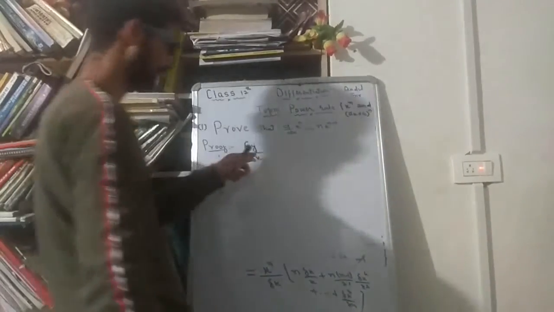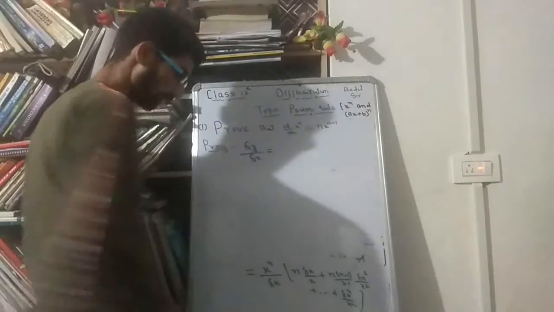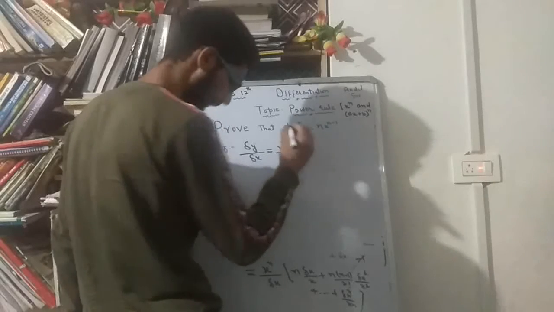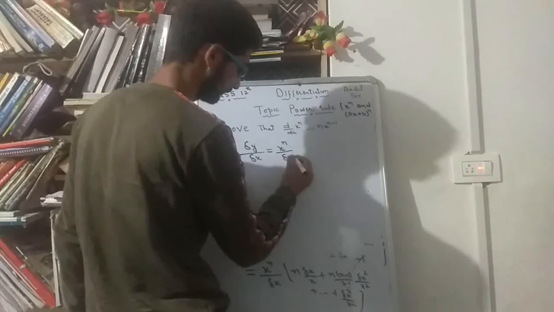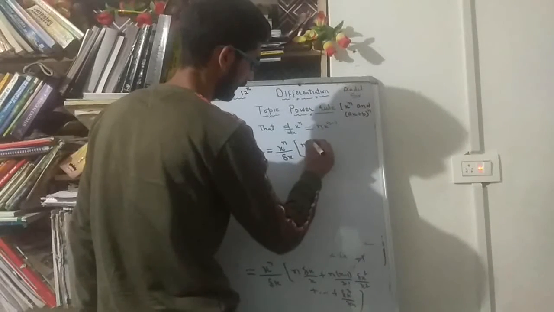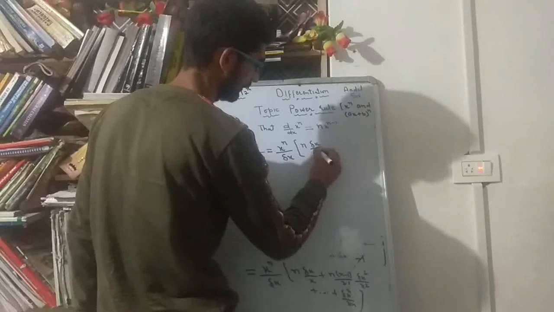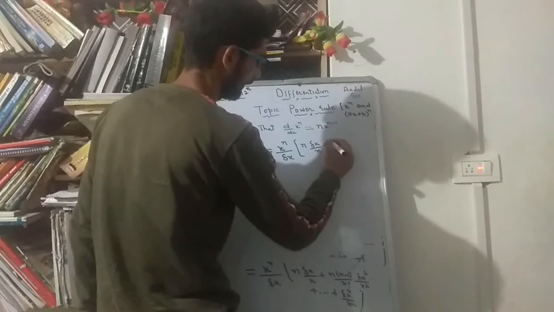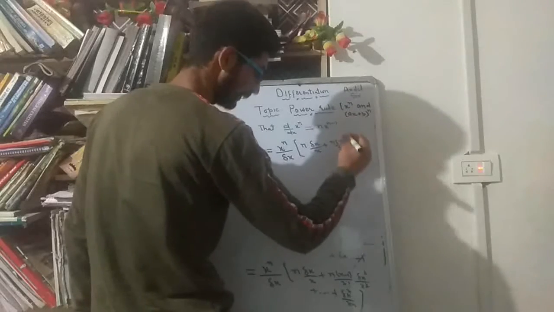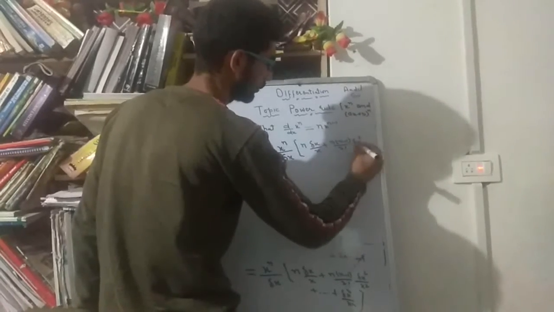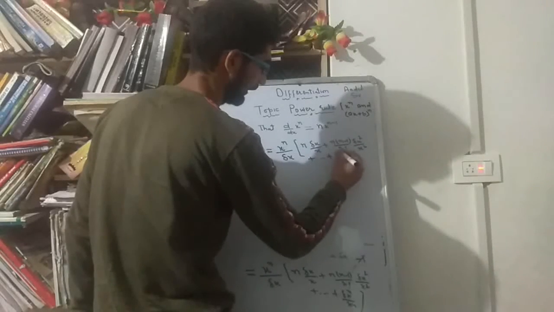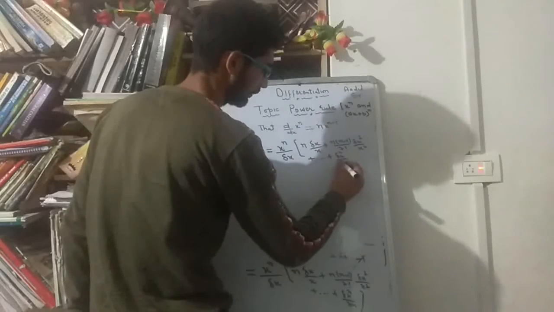We are getting this ratio of increments del y divided by del x equals x raised to the power n divided by del x into n del x divided by x plus n into (n minus 1) divided by 2 factorial del x squared divided by x squared plus so on plus del x raised to the power n divided by x raised to the power n.